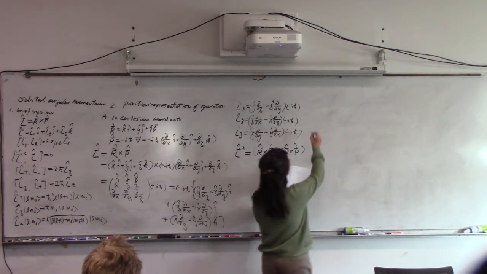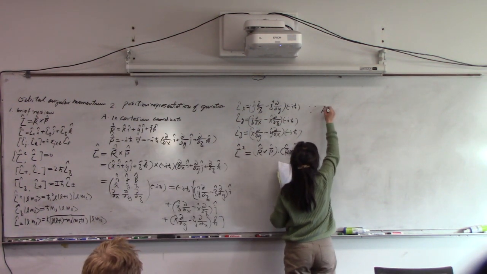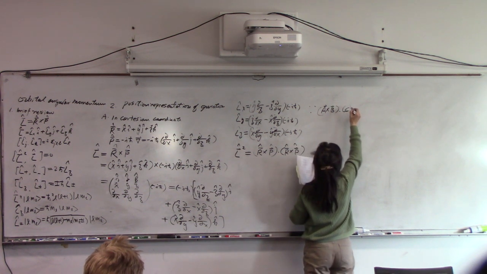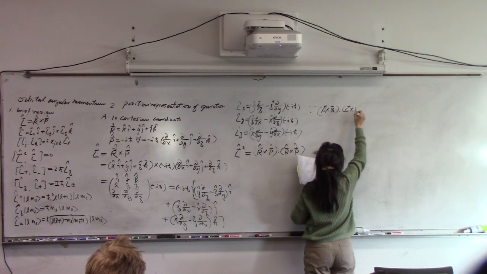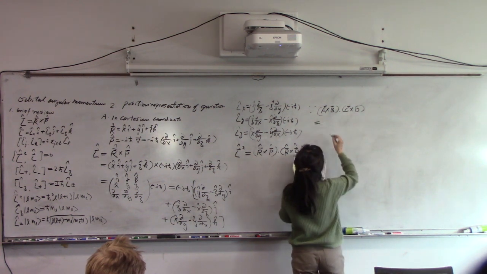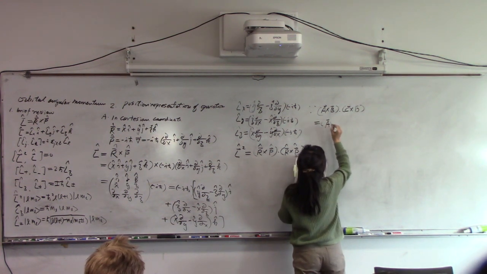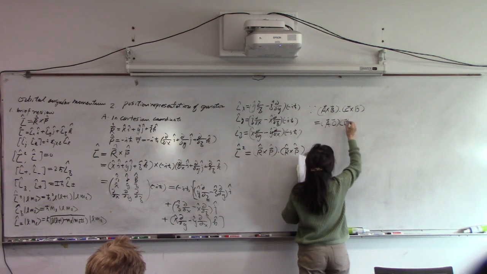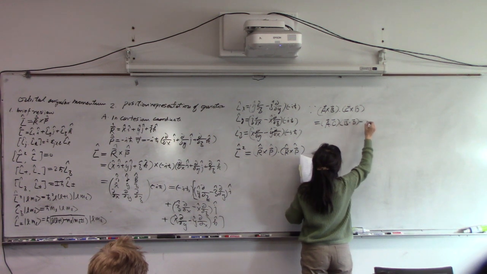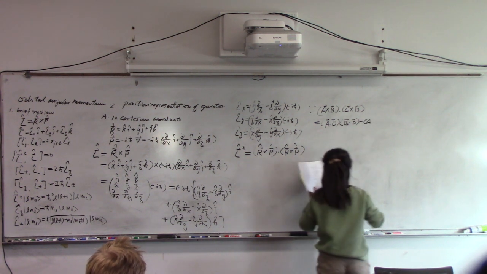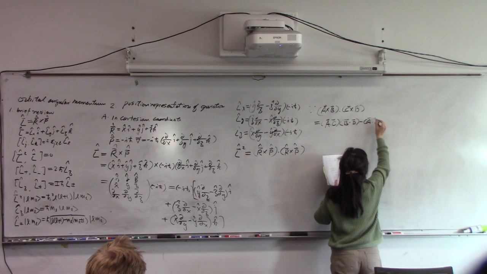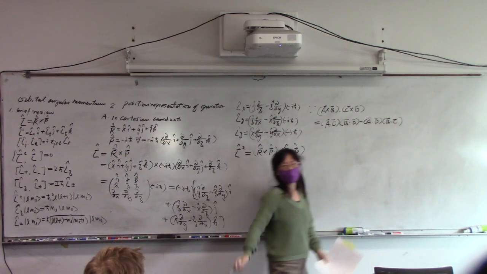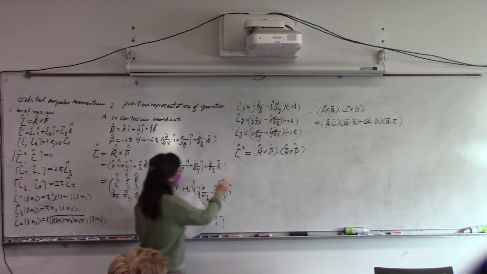If you remember, I just remind you, if you have 4 vectors, cross and inner together: A cross B, inner product with C cross D, is (A·C)(B·D) minus (A·D)(B·C), right? We use this relation.